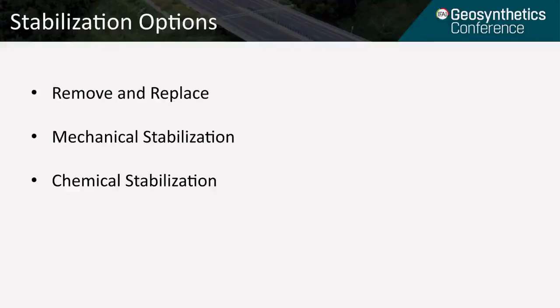For mechanical stabilization with geosynthetics, the geosynthetic is placed on top of the subgrade or subbase, or under or within the aggregate layers, and works with the soils and aggregate to create a reinforced composite section. And lastly, chemical stabilization, which is commonly lime or cement, is the process of altering properties of soil by changing the gradation through mixing with other soils or chemicals to improve strength and durability.